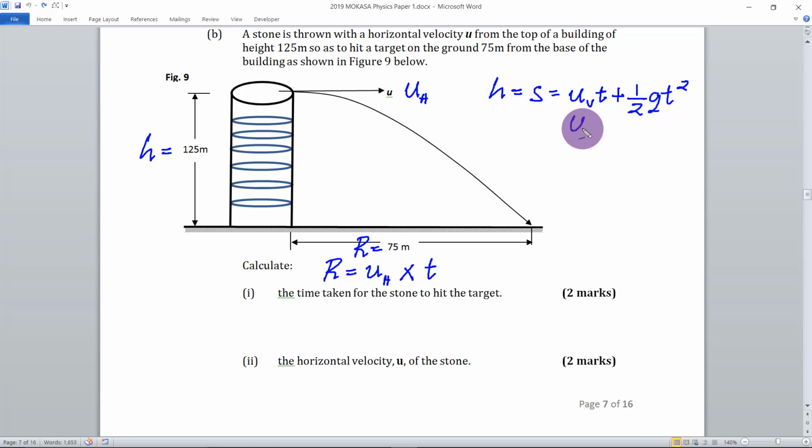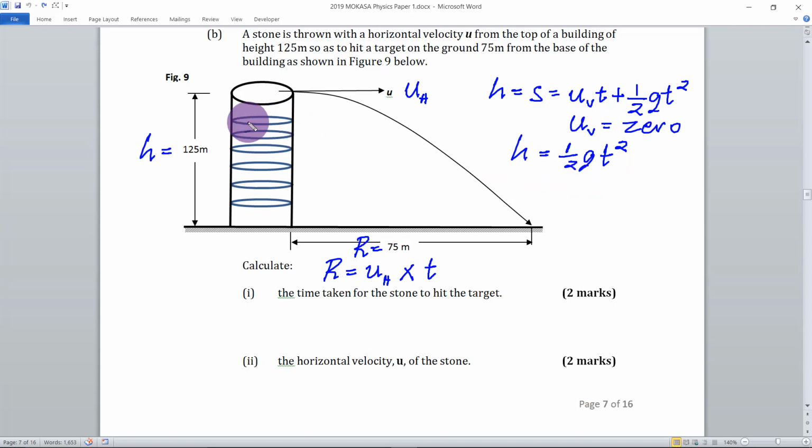Now the value of u vertical is 0 because this object is thrown with a horizontal speed. Vertically, its speed is 0. So this reduces our equation to h is equal to a half g t squared.